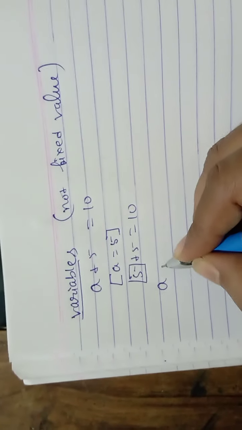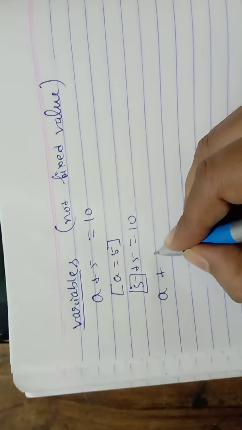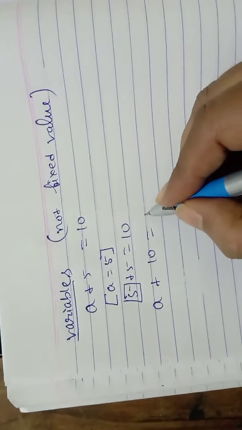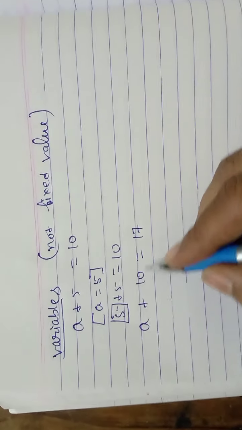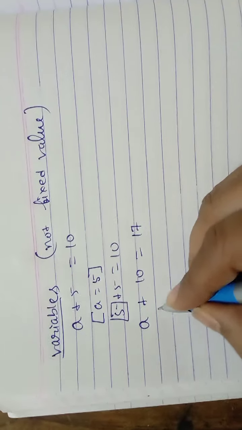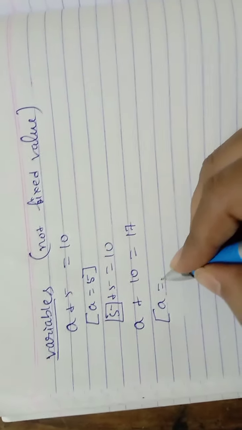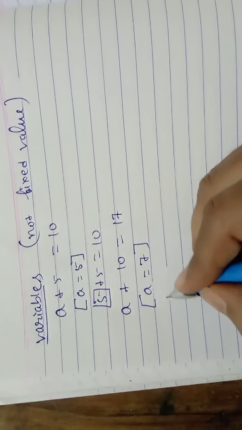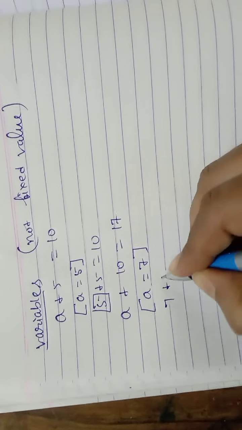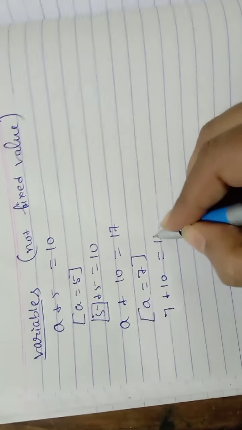Again, a plus 10 is equal to 17. What could be the value of a? If we take a is equal to 7, then 7 plus 10 is equal to 17.